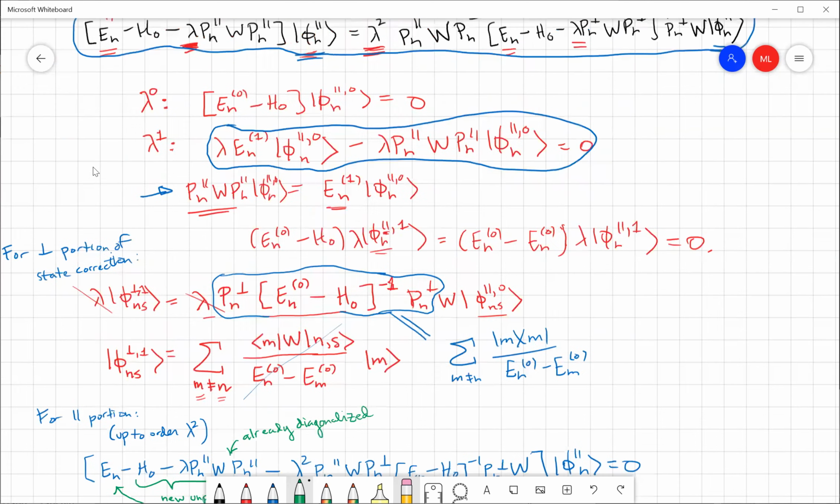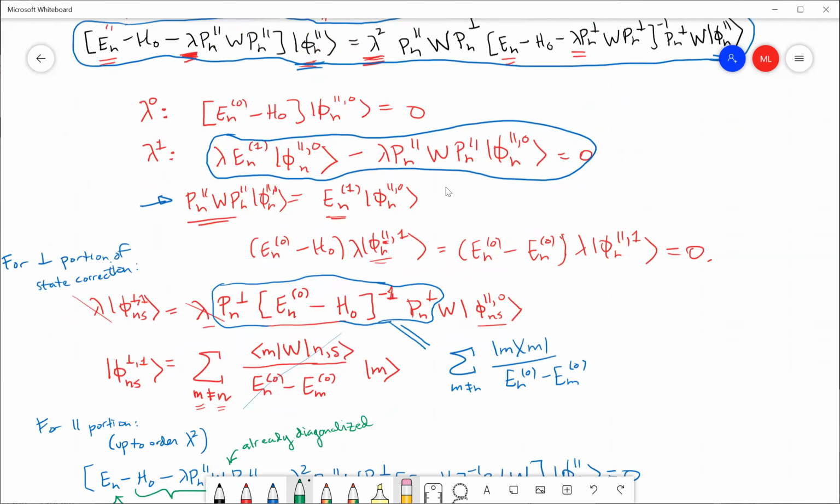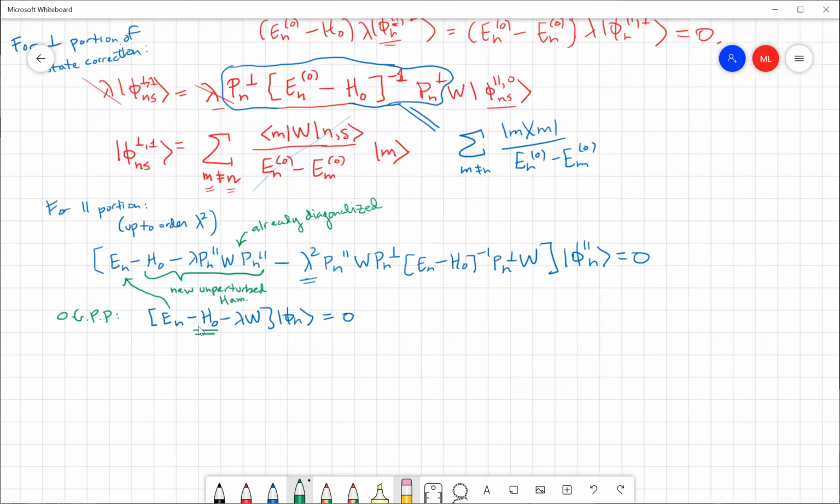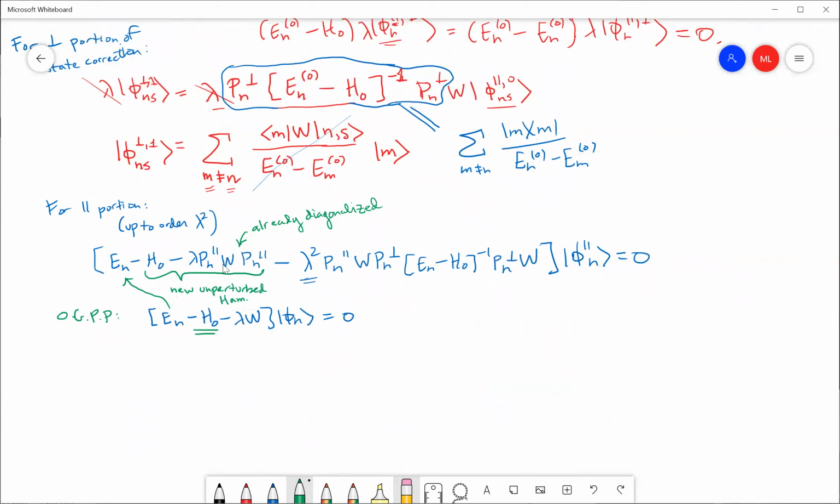We already saw that we want to diagonalize that piece to get the first order corrections to the energy. So once you found these first order corrections, those are the eigenvalues of this thing. When we're calculating the state correction, we already have those eigenvalues and eigenvectors at our disposal. Again, these states NS diagonalize both H naught and PN parallel W PN parallel. Both of them, right? That's how they were defined after all.